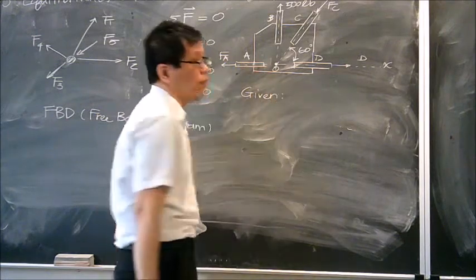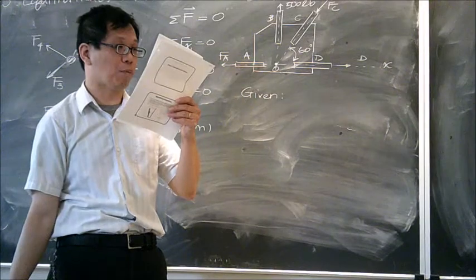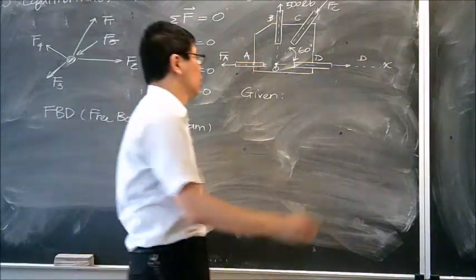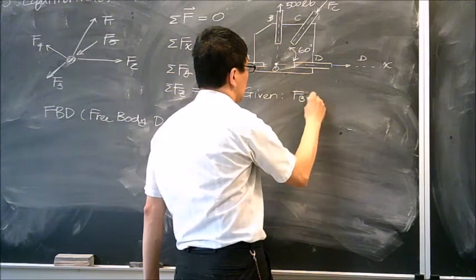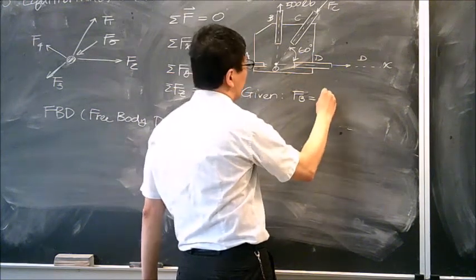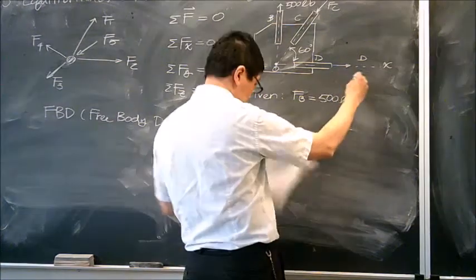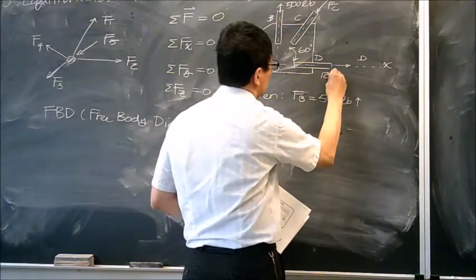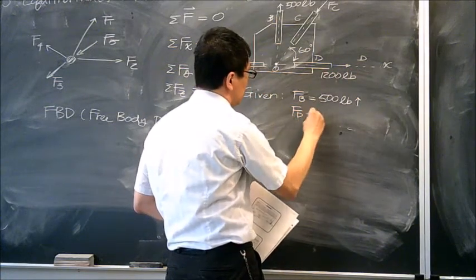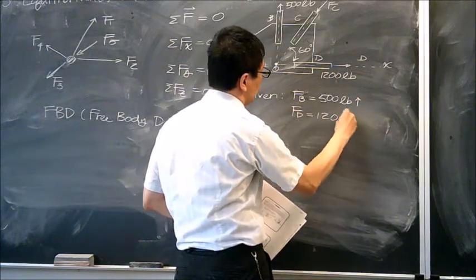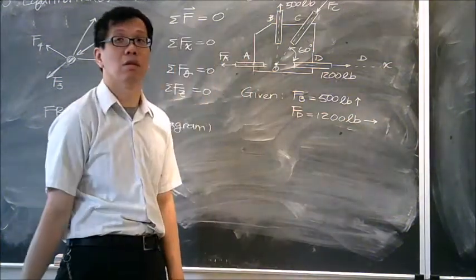Before we start, we would like to identify what is given and what we need to find. In this specific problem, we are given FB equals 500 pounds upwards, and we are also given FD equals 1200 pounds in that direction.